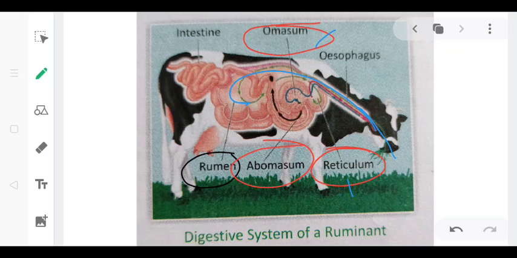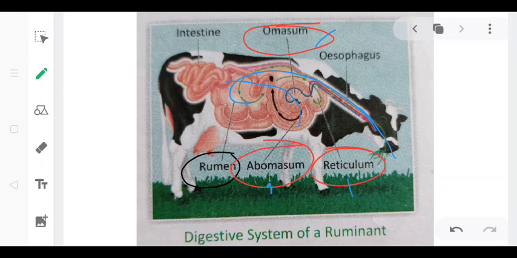At last, it enters the fourth chamber, that is abomasum, which is the true stomach, because here enzymes act upon the food and digestion progresses further. After the digestion, it passes to the small intestine, and here the complete digestion takes place.